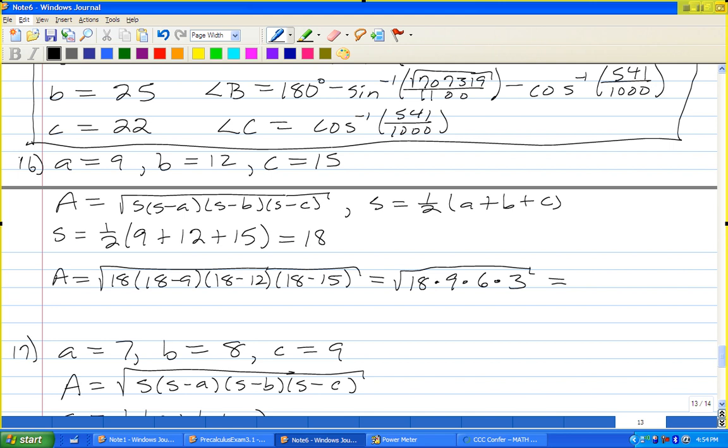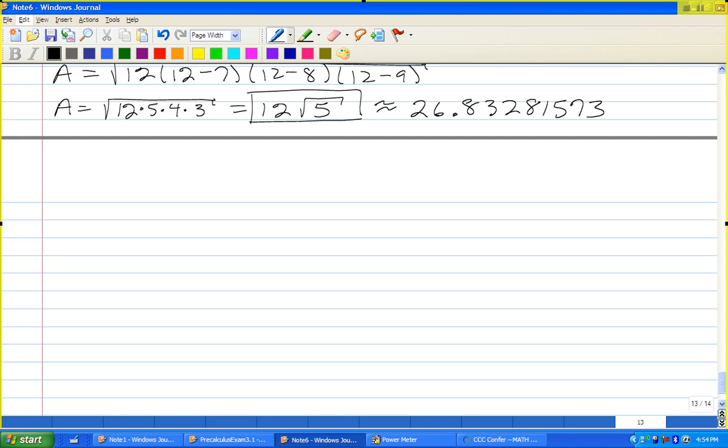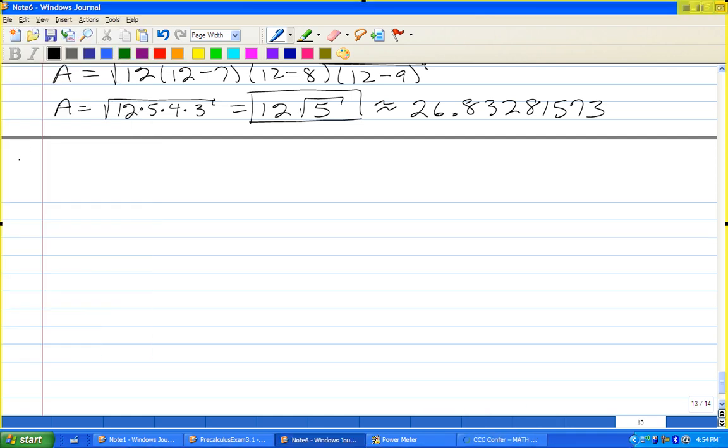And so 18 times 9 times 6 times 3, 2916, the square root is 54. So we already did 17. Okay. Any questions on that?